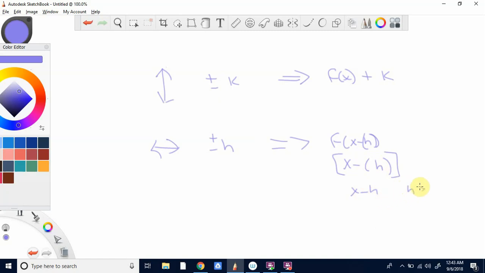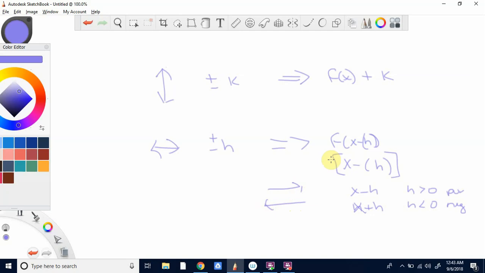That means h is greater than 0. If it says x plus h, h is less than 0, which makes it negative. So if it's x minus h, h is greater than 0, it's going to shift to the right. If it's x plus h, that means h is negative or less than 0, you're going to slide it to the left.